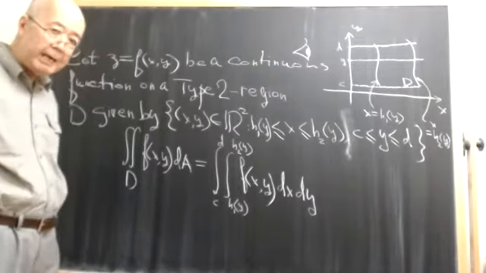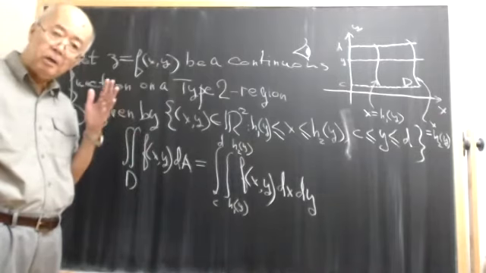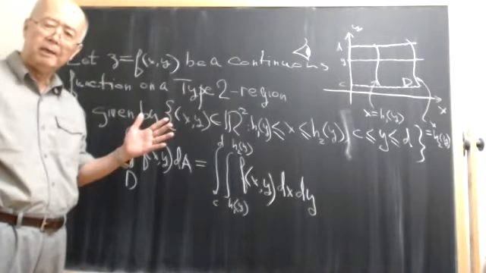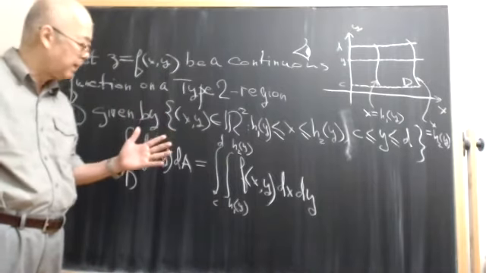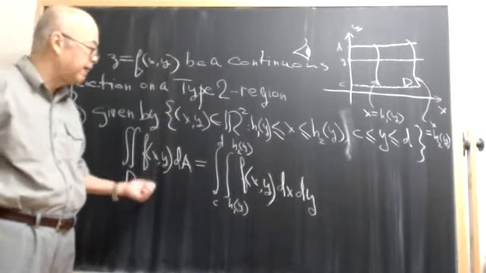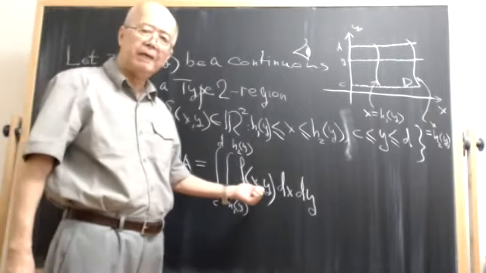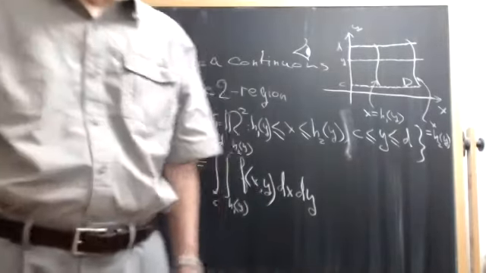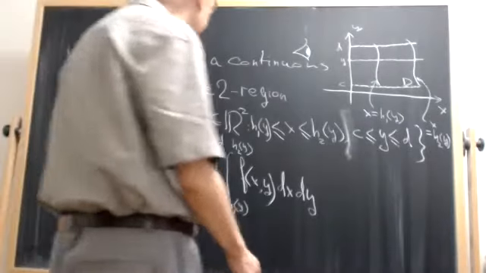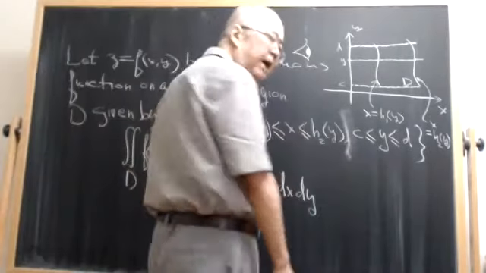Last Friday, I gave you the formula for type 1 region. And today is the formula for this type 2 region. Any question?